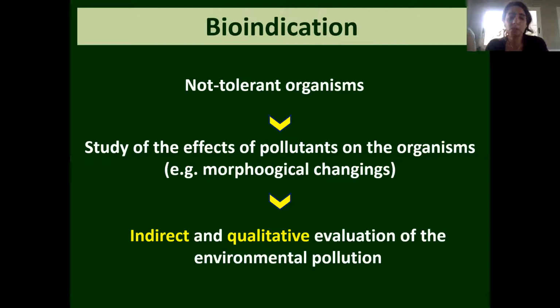And we do an indirect evaluation of the environmental pollution. The information that we can obtain is only qualitative because we cannot define the amount of pollutants in the environment, but only the effects of these pollutants on the organisms.